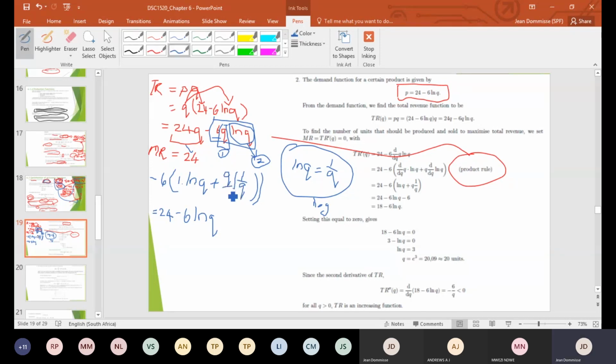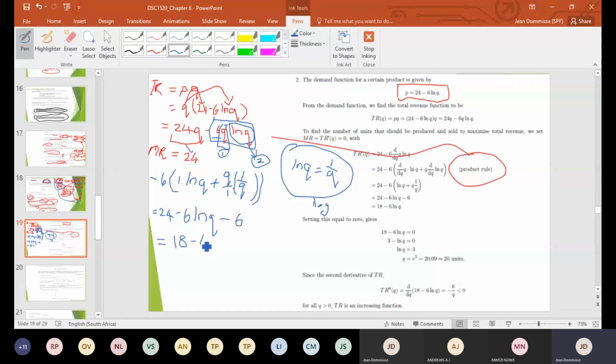So q disappears, so what we're left with is the minus 6. Then to make that in a simpler format, we've got 24 minus 6, which gives us 18, and that stays the same.